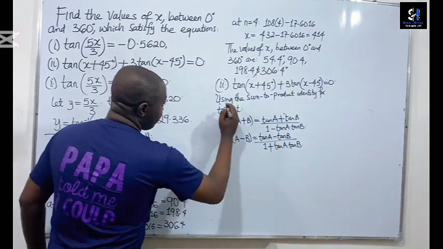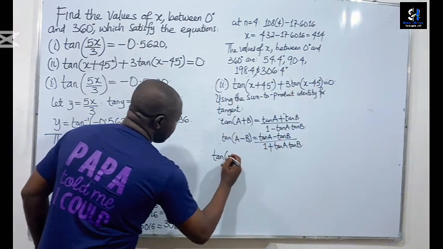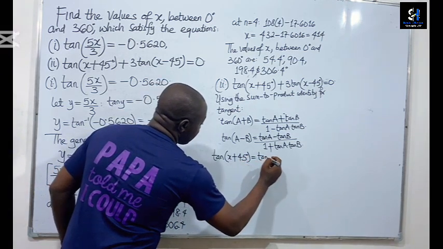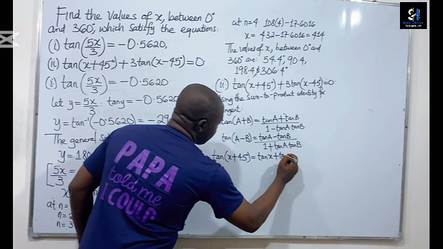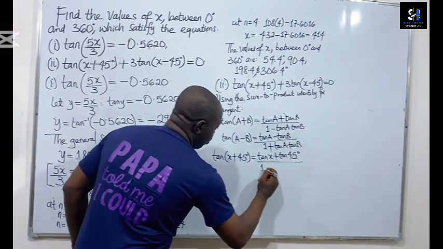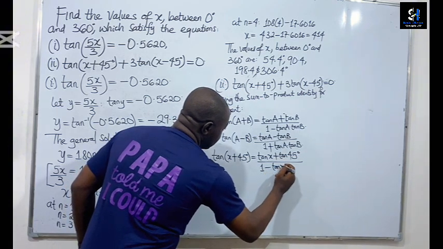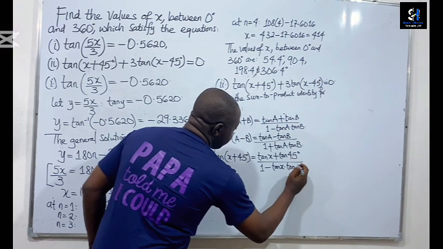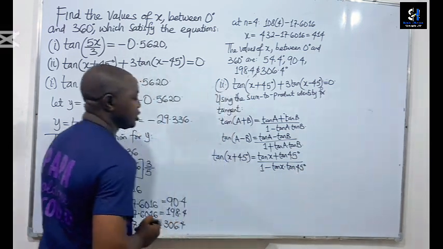So we have that tan(x + 45 degrees) will be (tan x + tan 45 degrees) over 1 minus tan x multiplied by tan 45 degrees.